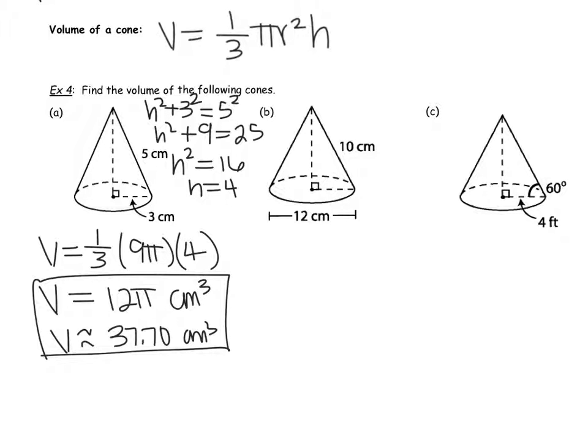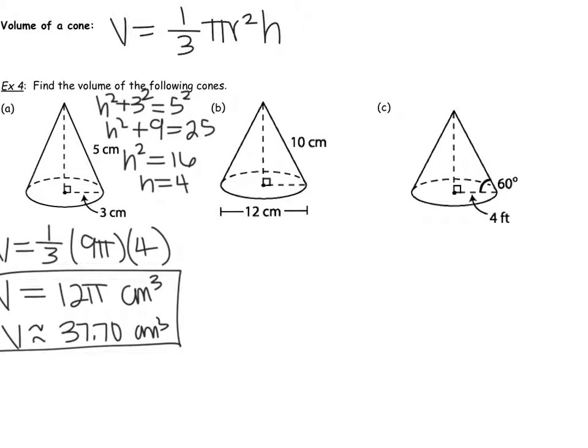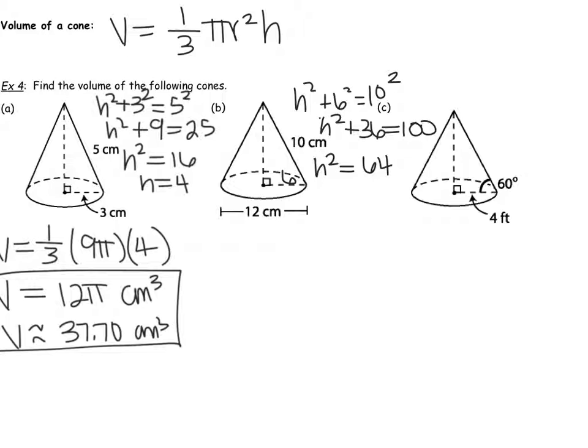So we're going to have to do something similar in our second example because we don't have the perpendicular height. So we have to use our radius and our slant height. So our height squared plus the 6 squared is going to equal 10 squared. So we get h squared plus 36 equals 100. When we subtract 36, we get that h squared is 64.